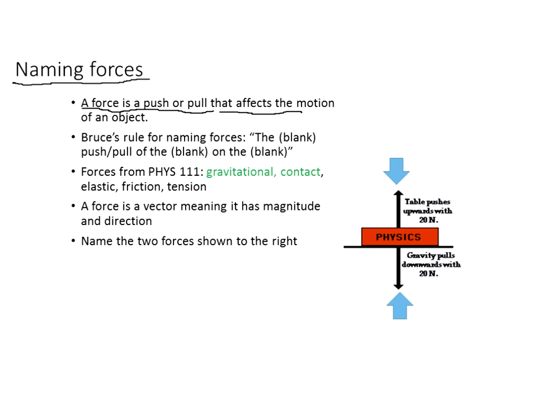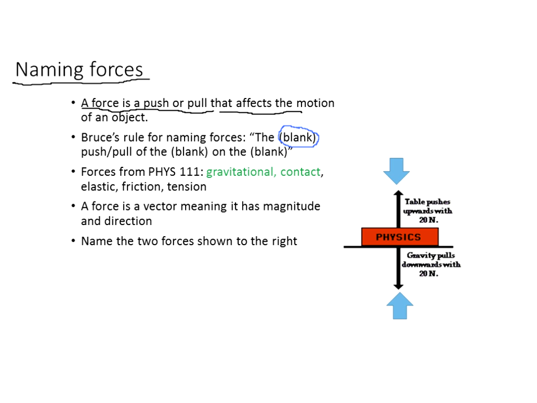All right, so we've got the table back. I've got a rule for naming forces, because a lot of times we'll just give a force a one-word name, like the weight, or the normal force, or friction. But it's important to recognize that there are different types of forces. So that's what this first blank indicates.